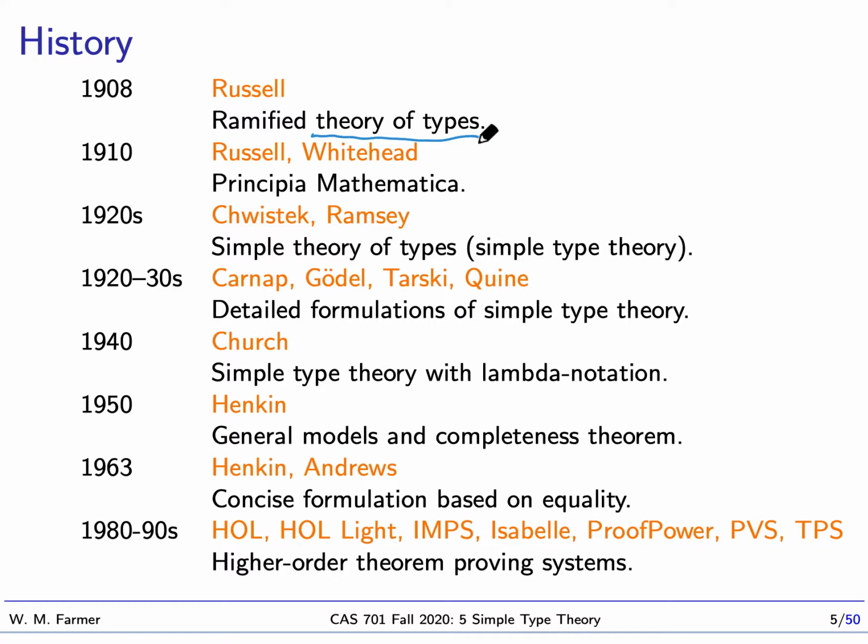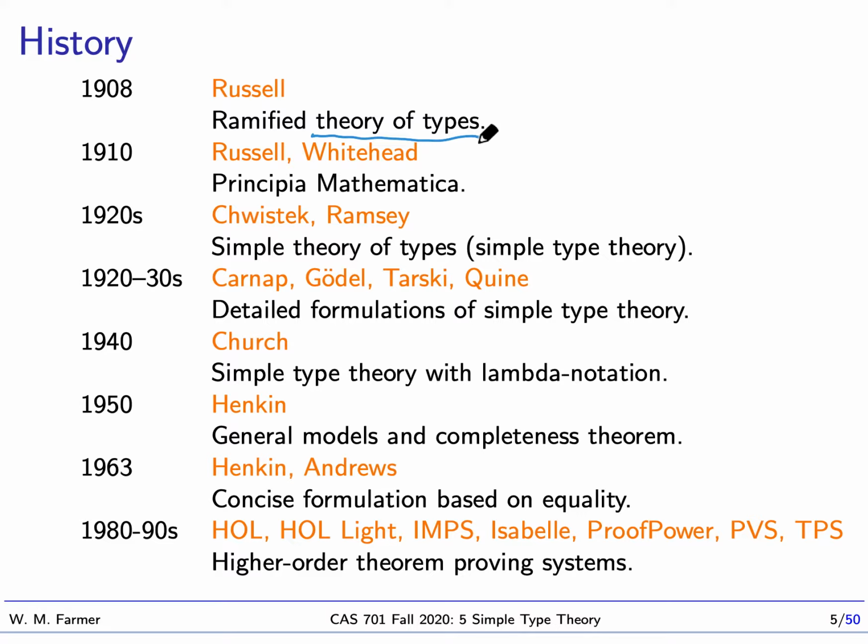And not only that, Russell and Whitehead tried to show that mathematics can be reduced to logic. So they used the theory of types as a logic to develop, as their goal, basically all mathematics. And this produced a work called Principia Mathematica.